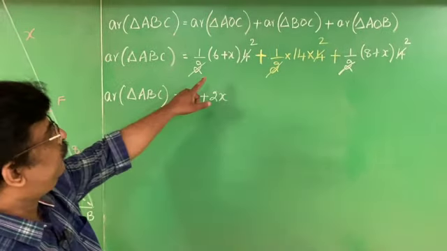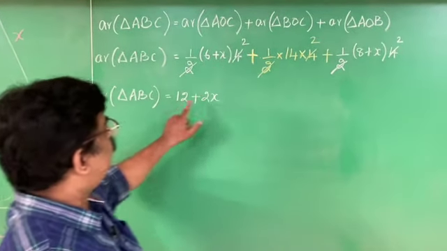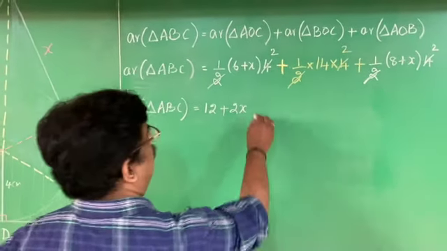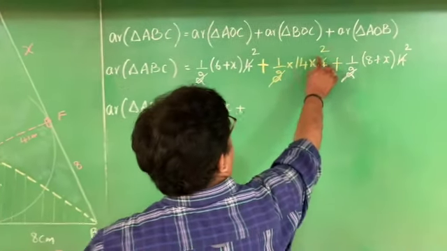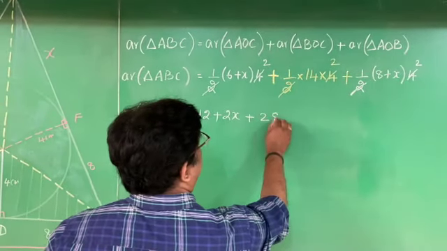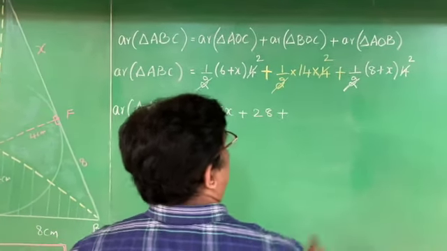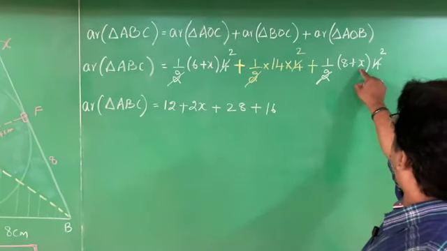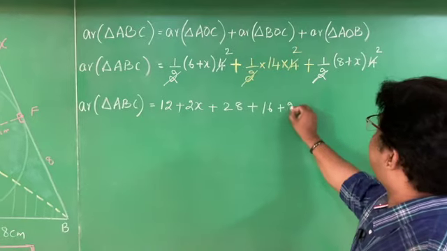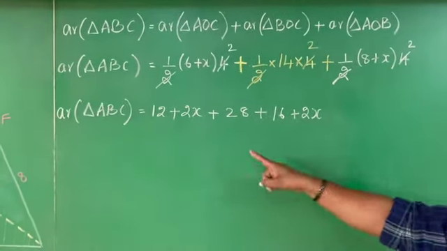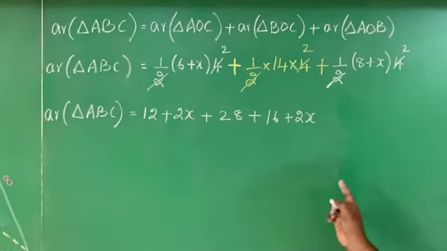See, don't get confused. 6 into 2, 12, 2 into x is 2x, plus 14 into 2 is 28, plus 2 into 8, 16, x into 2, 2x. After cancellation, I multiply. Now addition.